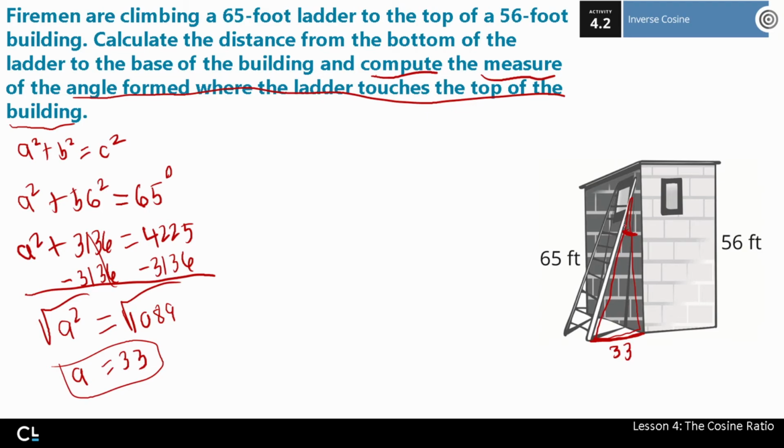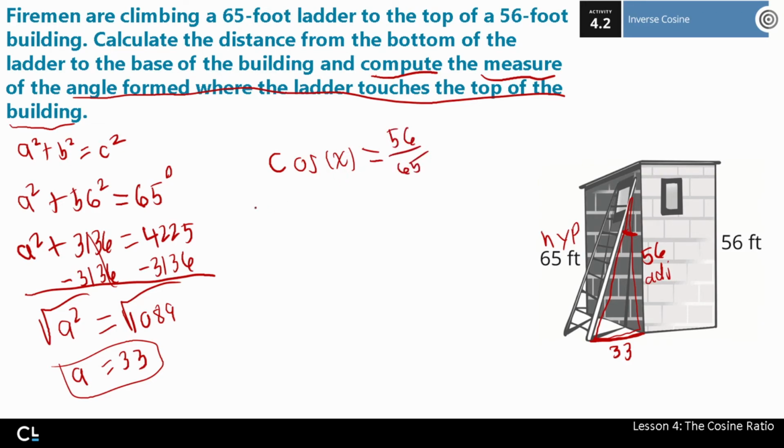So we want to do that using our cosine. So this is 56, that's our adjacent, and my hypotenuse is 65. So the cosine of, let's call this x, is equal to 56 over 65.